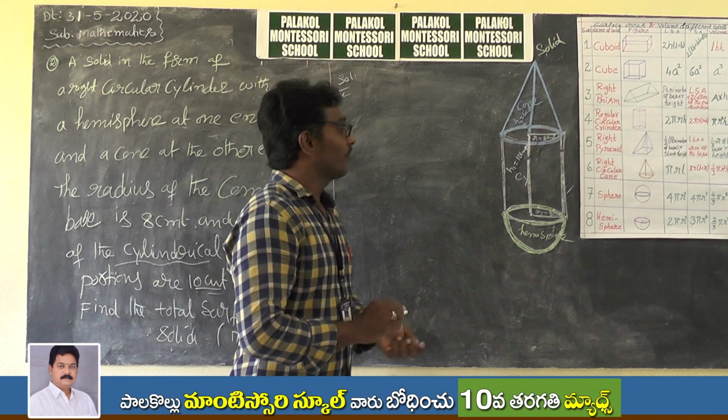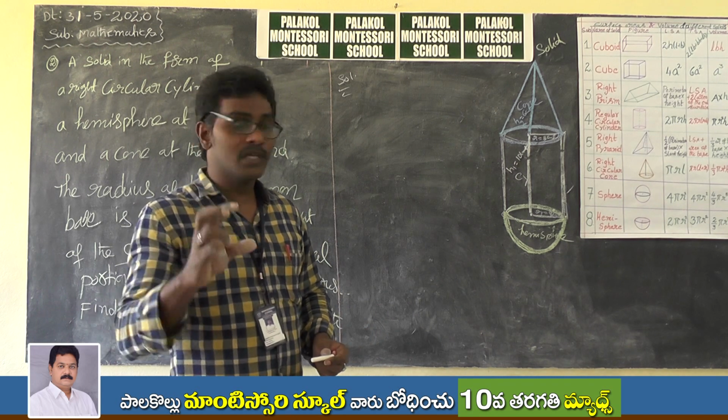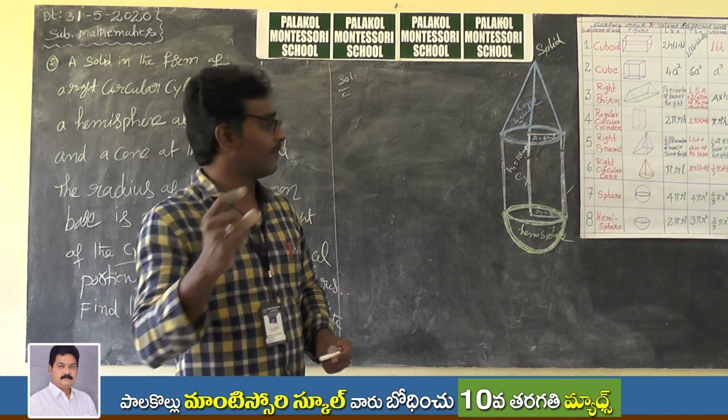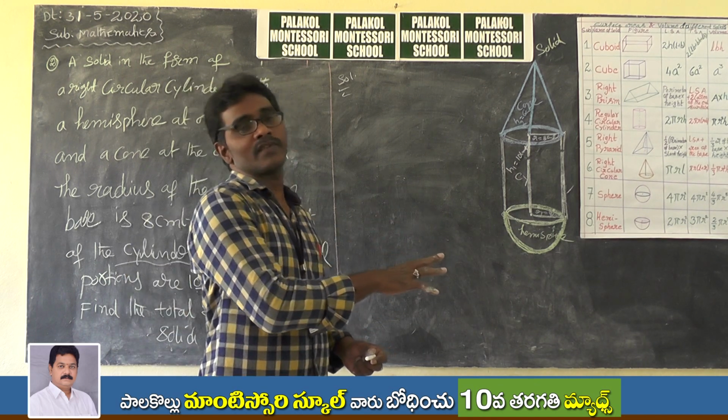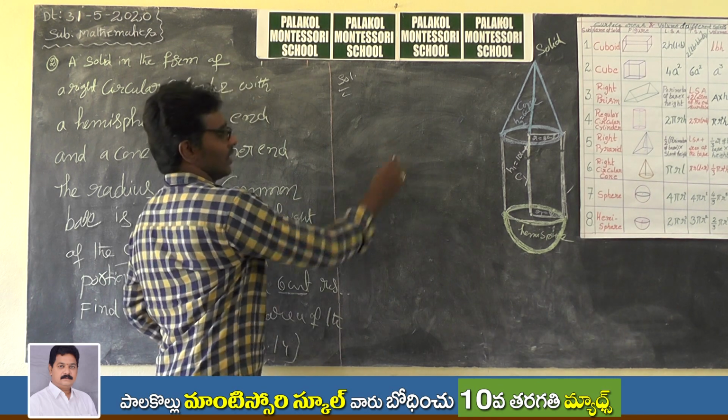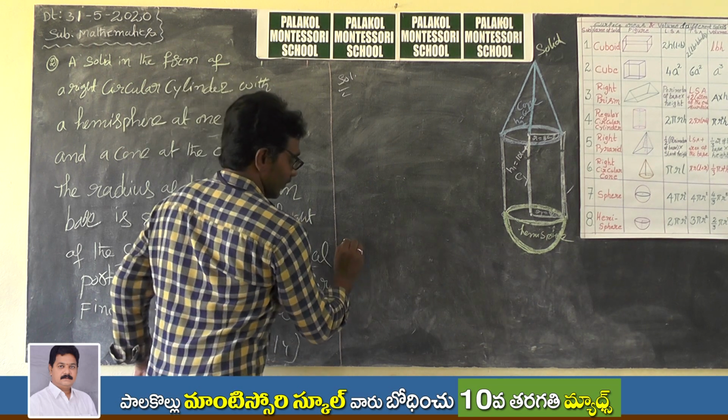Now see. First you write the dimensions of the cone, next the dimensions of the cylinder, and next the dimensions of the hemisphere. That is better. I write them side by side.